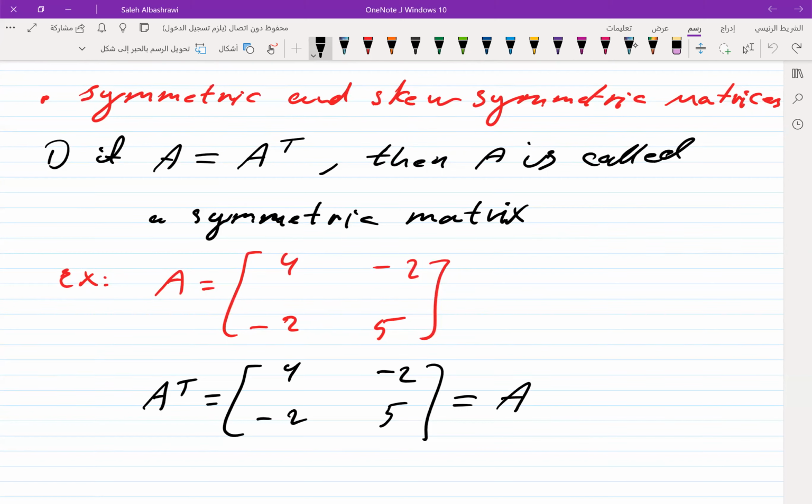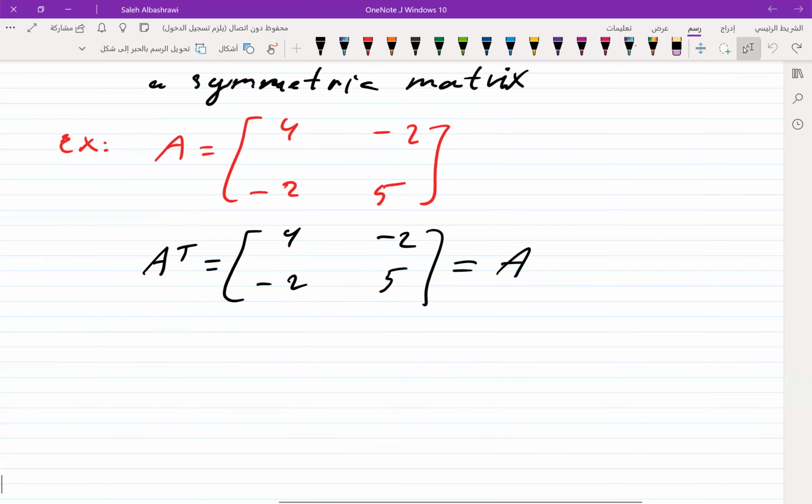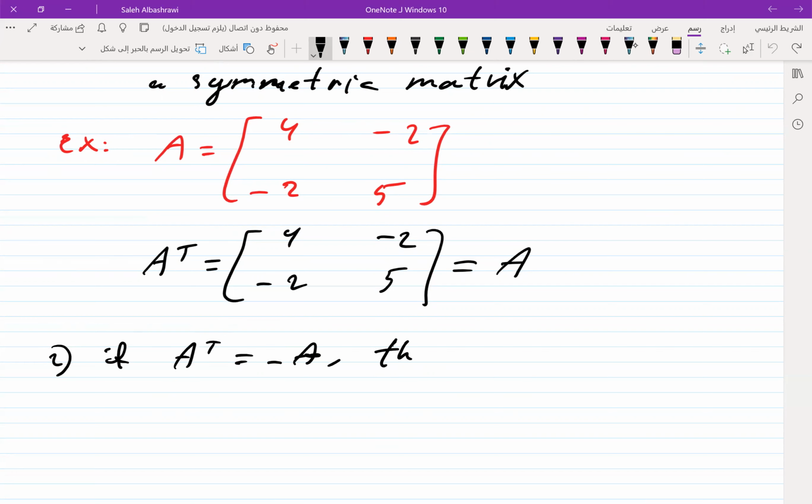And co-symmetric is the second case: if A transpose equal to minus A, then A is co-symmetric.